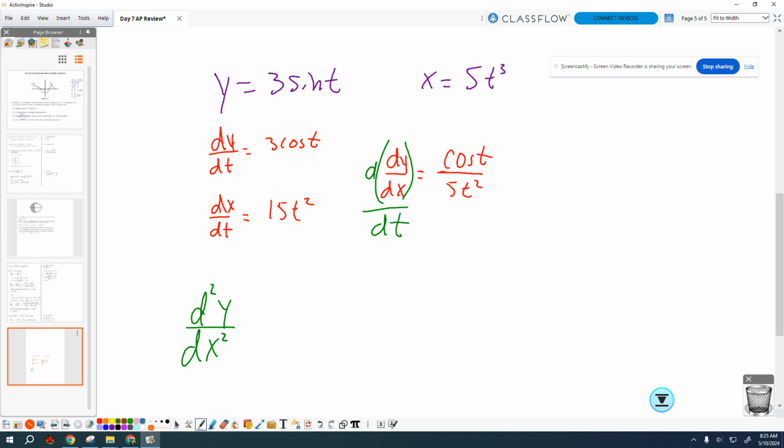You said quotient rule. Yeah, divided by dx and dt again. Okay, well, first, quotient rule that.